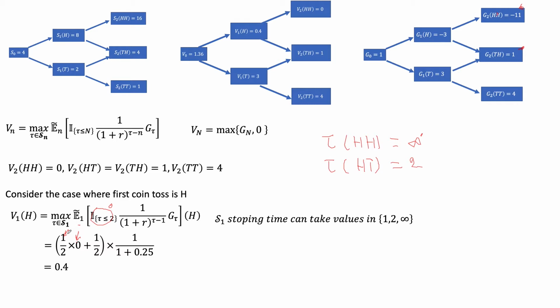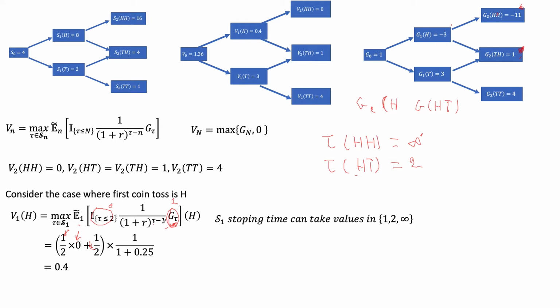And in the other scenario, when we stand here, there's a 50% chance that we come to this node, where tau will be equal to 2, right? So G tau in this case is just equal to G of H and then tail, when we move to this node. So this guy would just be 1, and that's why there's a 1 here, which is coming from this side being equal to just 1, and 1 minus 1 is 0.